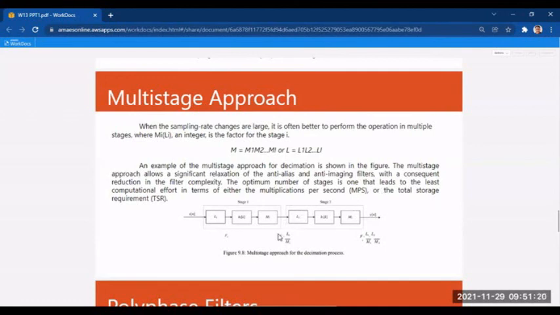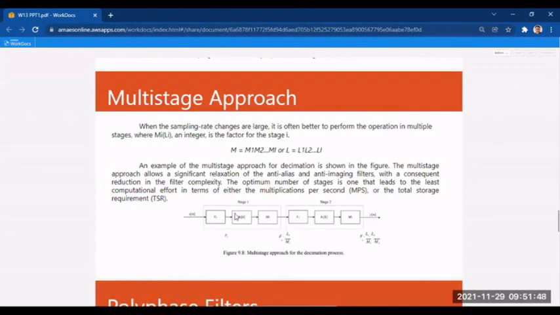The multi-stage approach allows a significant relaxation of the anti-alias and anti-imaging filters with a consequent reduction in filter complexity. The optimum number of stages is one that leads to the least computational effort in terms of either the multiplications per second or the total storage requirement.